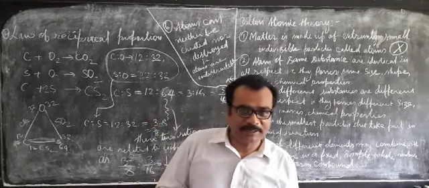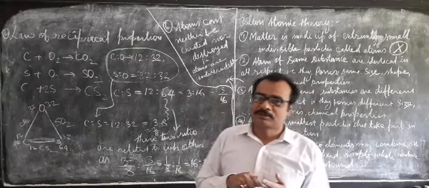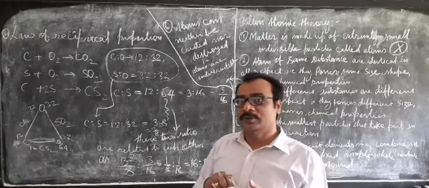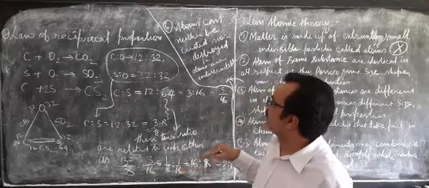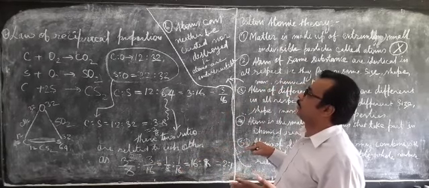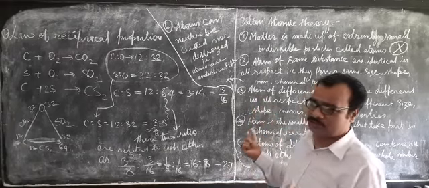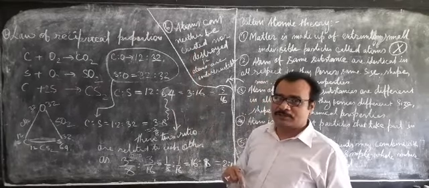But during the chemical reaction, there is no change in the mass. That means no new atoms are created during chemical reaction and no old atoms are destroyed during the chemical reaction. That is, atoms are indestructible. Atoms can neither be created nor be destroyed. So this one follows the law of conservation of mass.